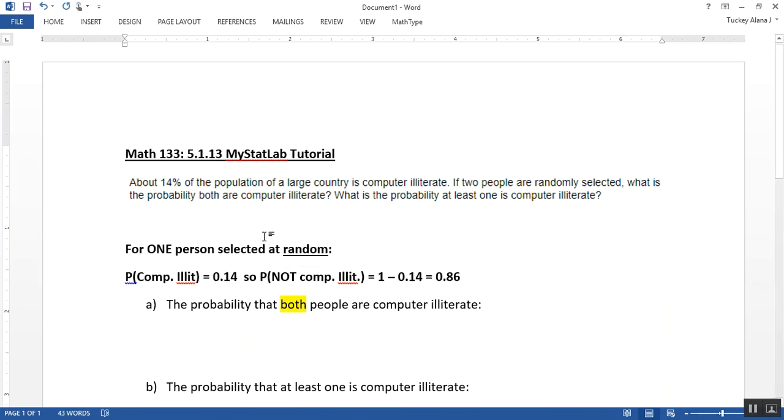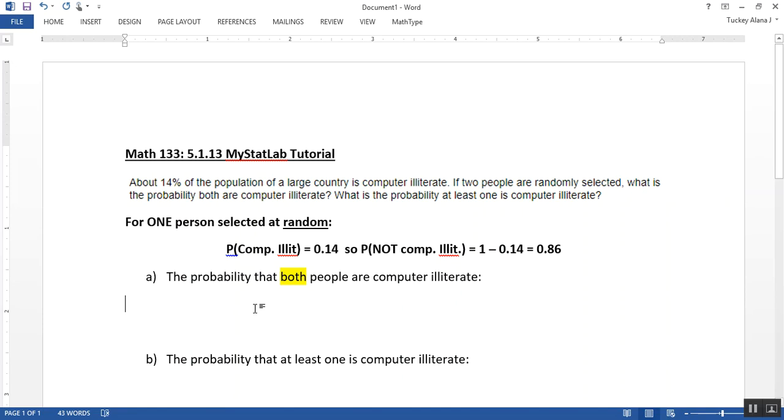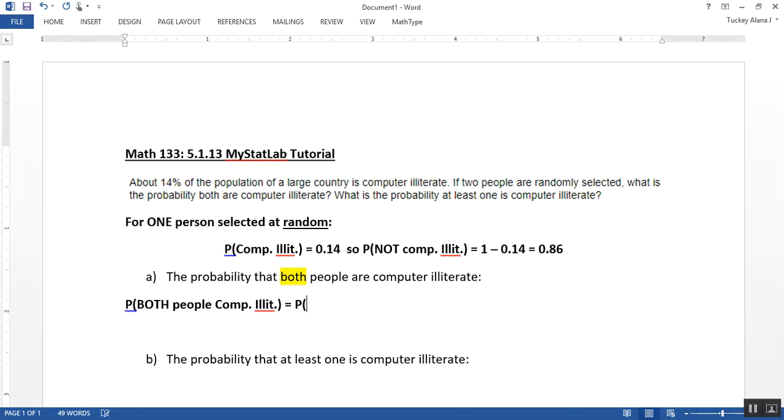Okay? So now we're going to select two people. But when you're talking about two people, it's going to have to involve the first person and the second person, which means there's a hidden and in here, because you want the probability that the first person is computer illiterate and the second person is computer illiterate. So if you want both people computer illiterate, what that means is that you want the first person and the second person.